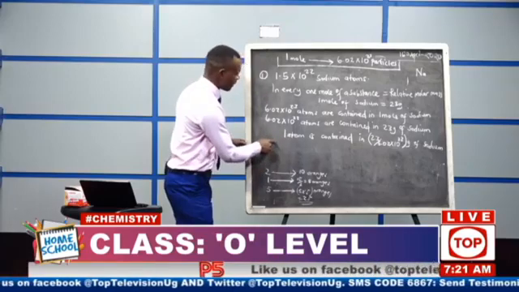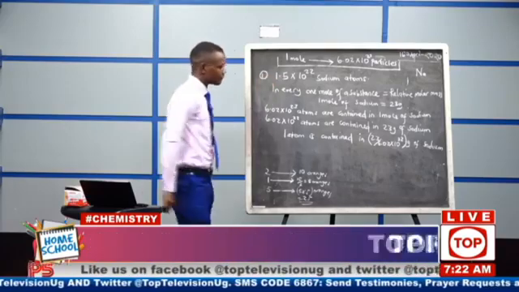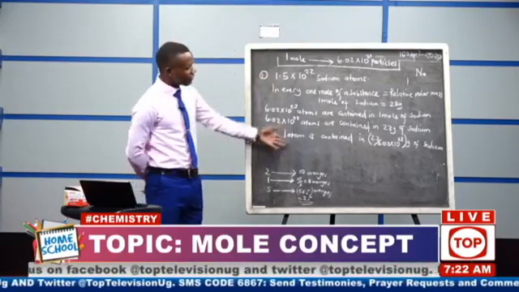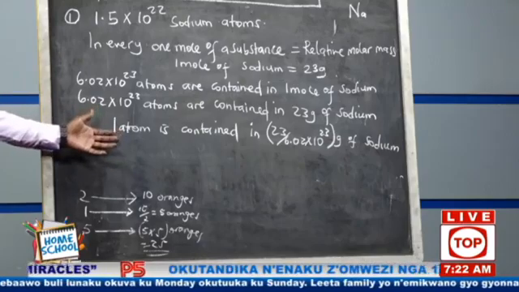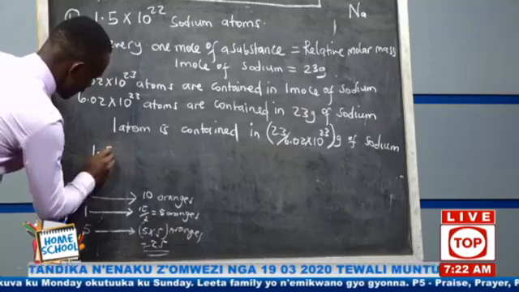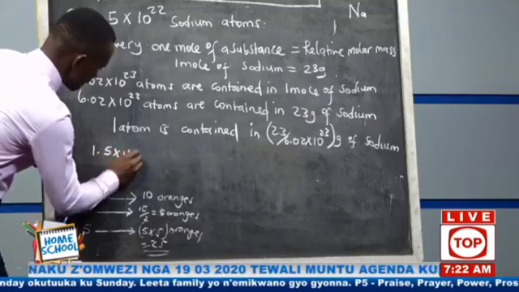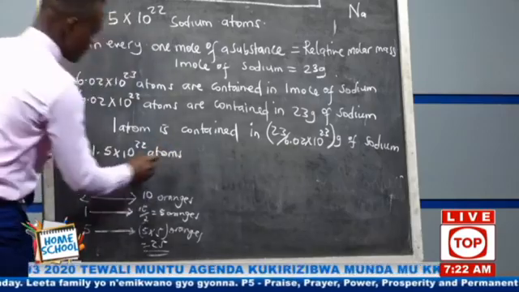So what next? You have got 1, and the question was asking for 1.5. Okay? That means you have what is in 1. This means that you can be able to get what is in 1.5. Let us see. 1.5 times 10 power 22 atoms.